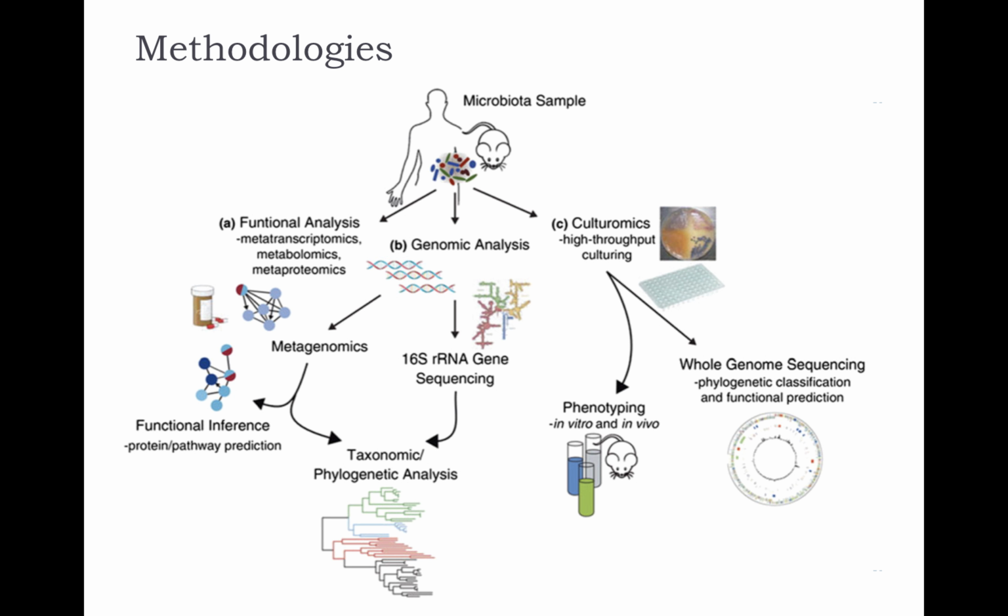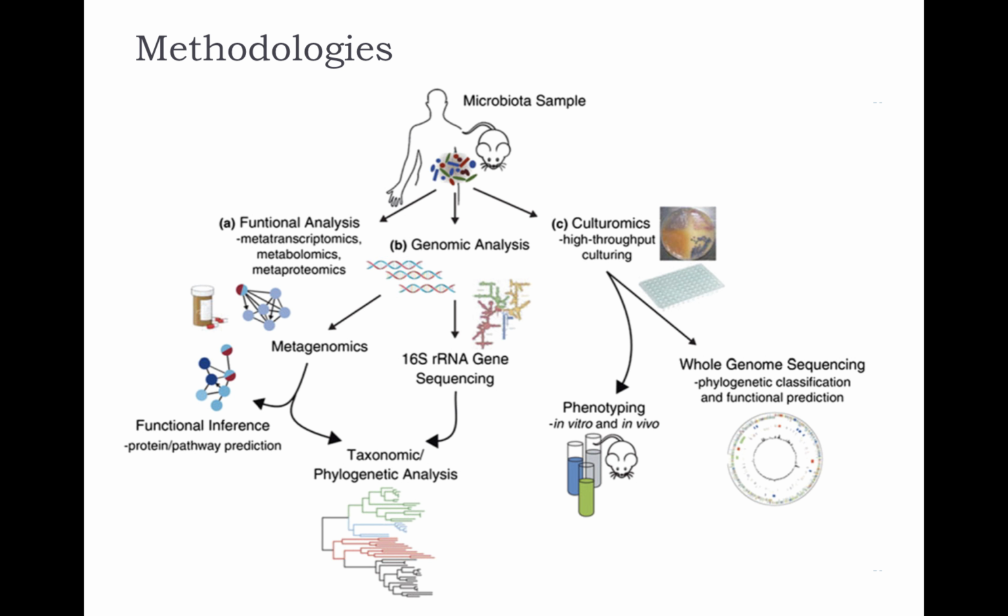And to ram home the point, he came up with this neologism of culturomics. I've kind of got used to it now, and I started to like it, but I hated it. So you've got genomics, metagenomics, and culturomics. All it means is old-fashioned microbiology, where you just grow things.